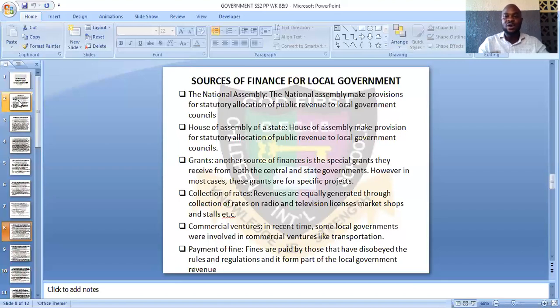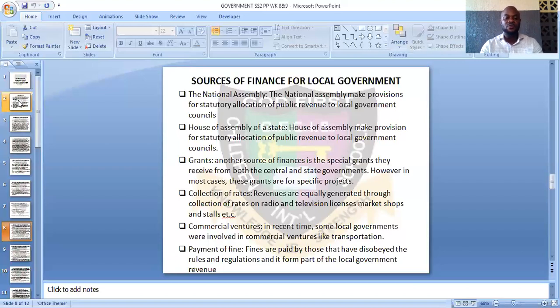That is when they have a bigger project that their state revenue and their internally generated revenue cannot carry. So they get grants from the federal government in order to carry out big projects.